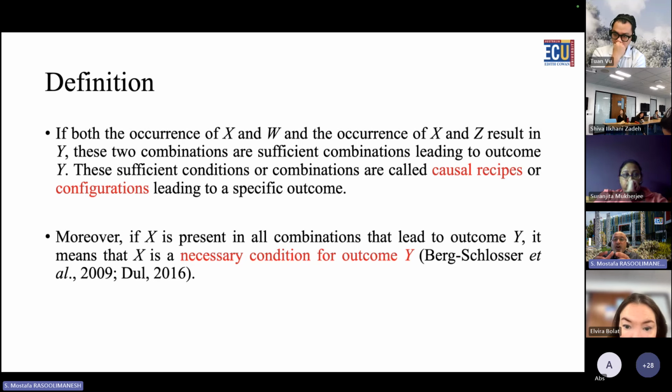So this causal recipe, causal combination or configuration, can be a sufficient combination of factors to generate a high level of outcome.